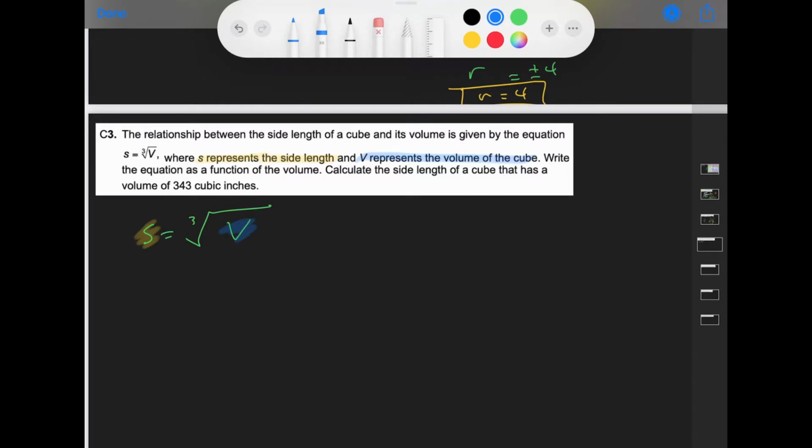Write the equation as a function of the volume. Okay, this is step number 1. That just basically means solve for V. Solve for V. Get V by itself. V equals. So let's go ahead and do that together. I'm going to get rid of that cube root by cubing it on both sides.